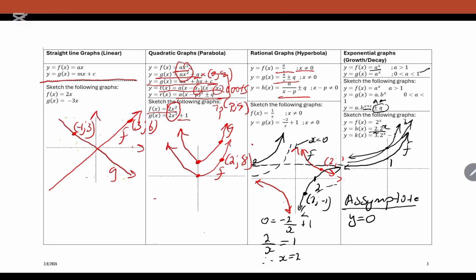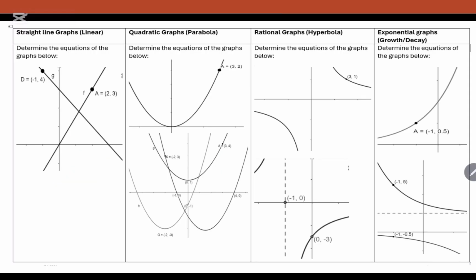So that will be the shape of the graph. Now this is the basic revision that the learners need to go through before we can move on with the grade 12 functions. Here they were just revising how to sketch the functions. Let us look at the second worksheet. In this worksheet, they are expected to find the equations of these graphs.